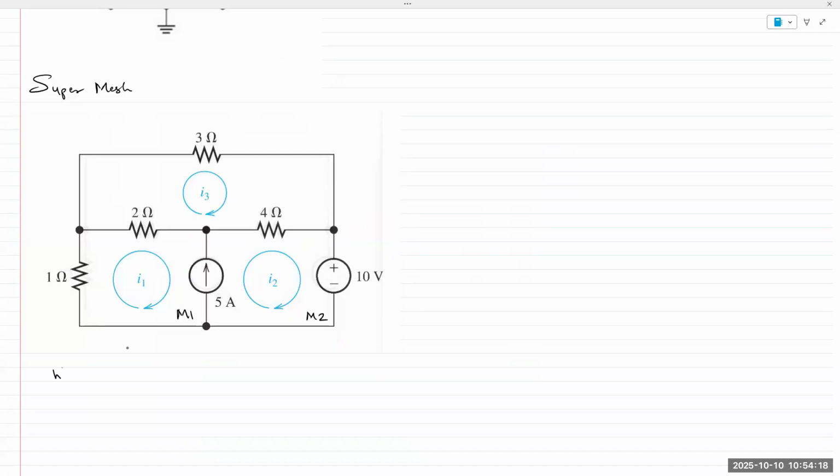So since it's a KVL expression, we need the voltage across the current source. Okay. So all we do is we combine both meshes together.